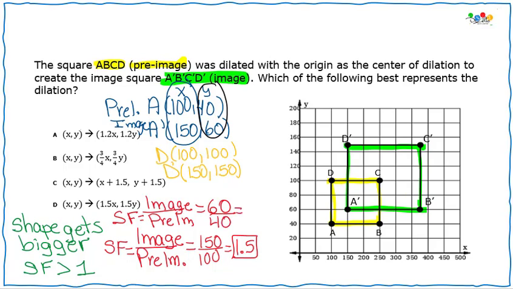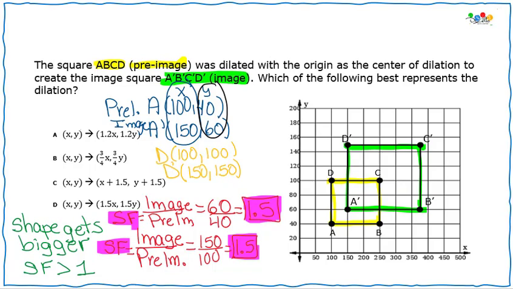If you divide 60 divided by 40, you still get 1.5. Is that right? So 1.5 is my scale factor. Notice how not just x, but x and y, both of them give me that 1.5. Very good. So now I look at the answer choices.